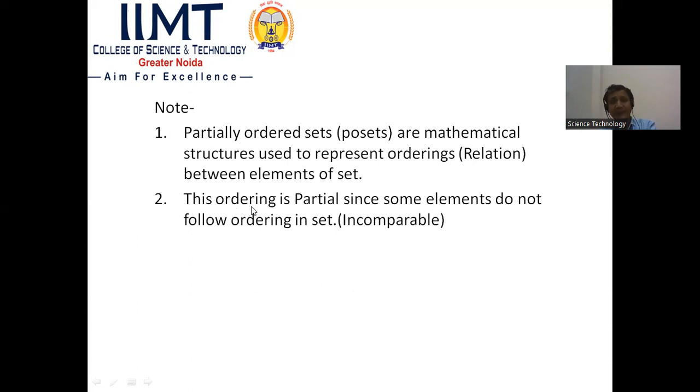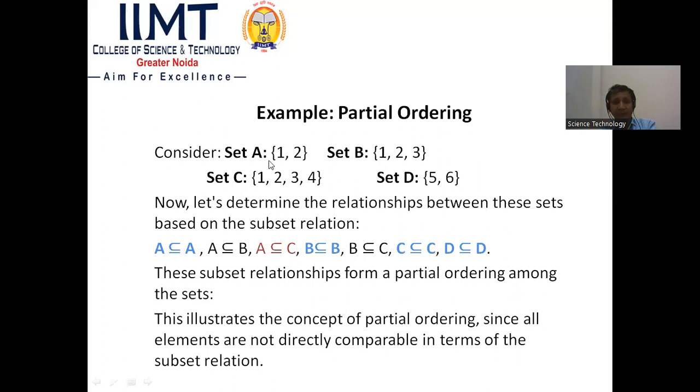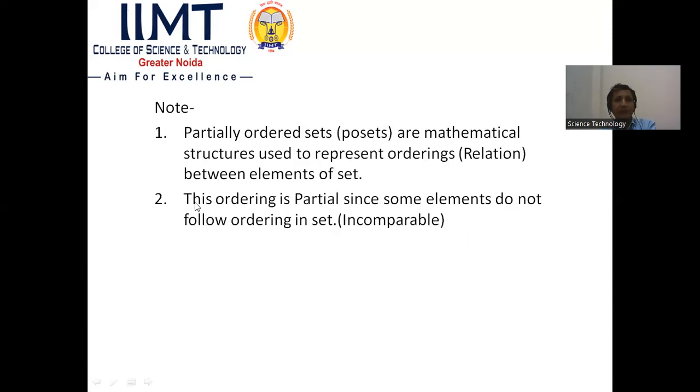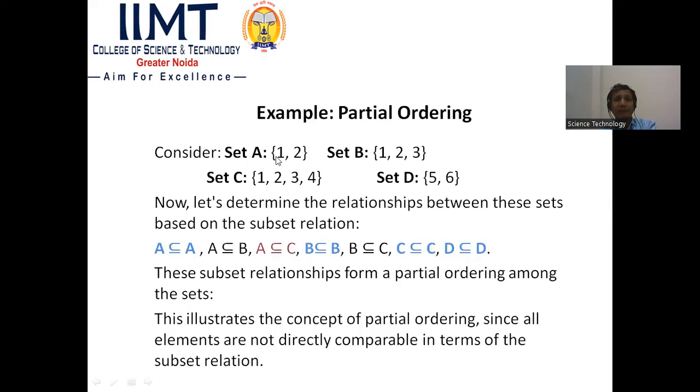Like in the last slide, we have taken the sets itself as an object of a set. The ordering is partial since some elements do not have relationship. Means we have noticed that D is related to itself, but D is not related to A, B, and C, any of these.